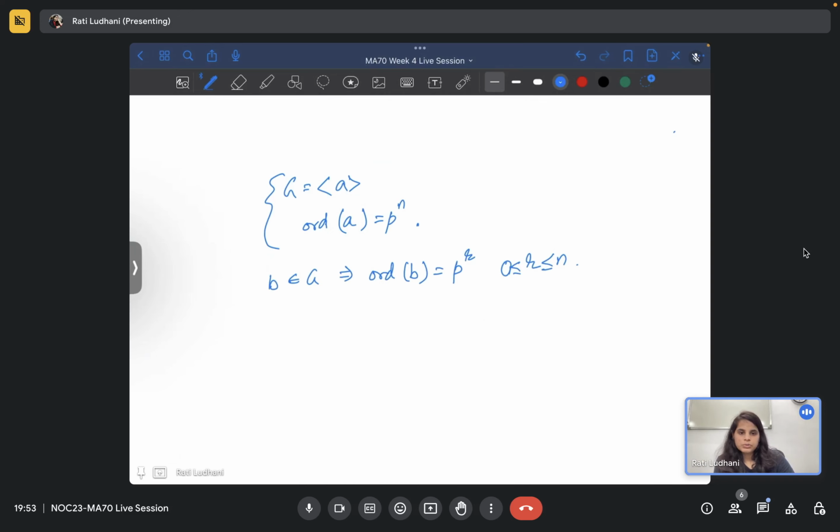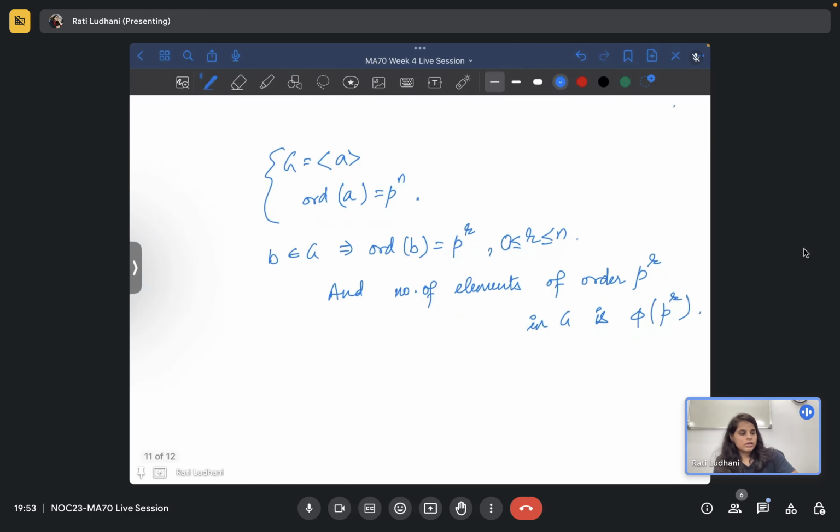So order of b is equal to p raised to power r, and the number of elements of order p raised to power r in G is phi of p raised to power r, right? Now I am claiming something.